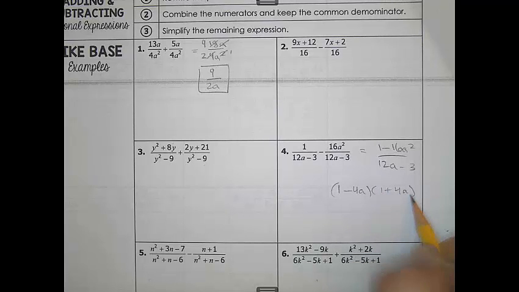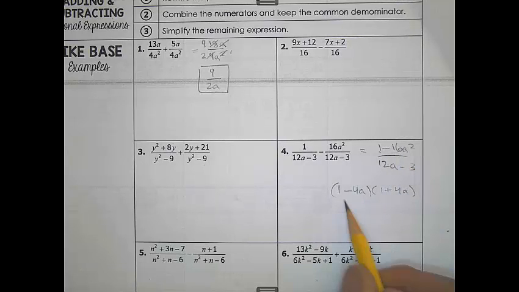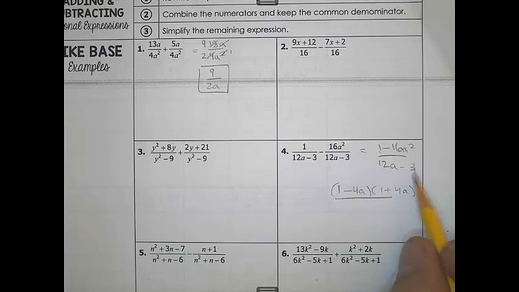You should recognize whenever you have a minus sign in a square, it could be a difference of 2 squares. And 1 squared is really just 1. So it's a difference of 2 squares there, and this is our pattern to factor a difference of 2 squares. And then in the bottom, I can pull out a 3, and I'm left with 4a minus 1. So this was a tricky one to simplify from yesterday.